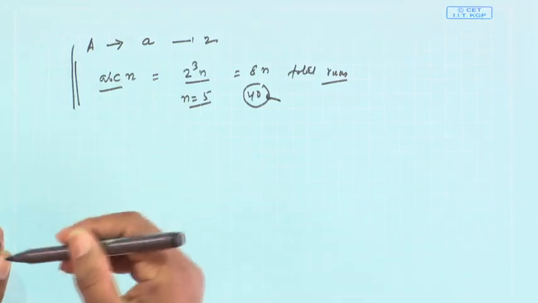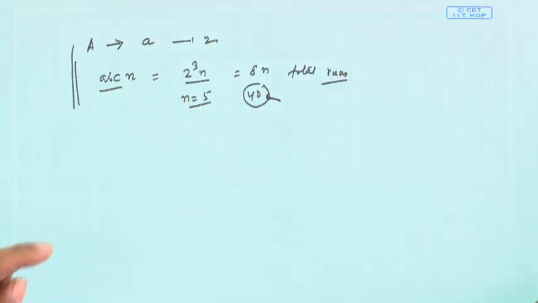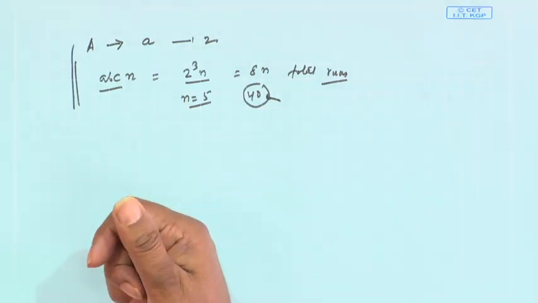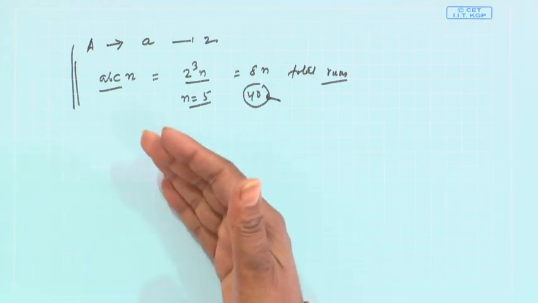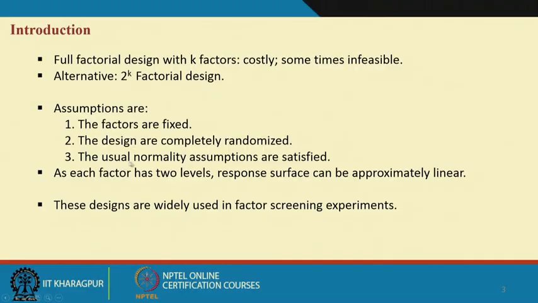But if you want to use these kinds of designs, there are certain assumptions that must be satisfied, and definitely the purpose served by analyzing this experimental data will not be exhaustive, because it has reduced levels. So, it will be used for specific purposes. So, what are the assumptions?